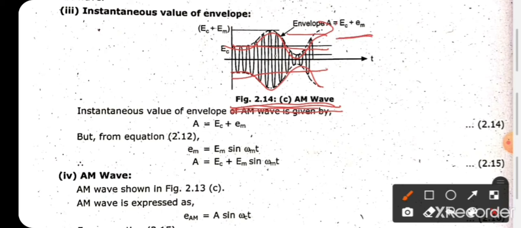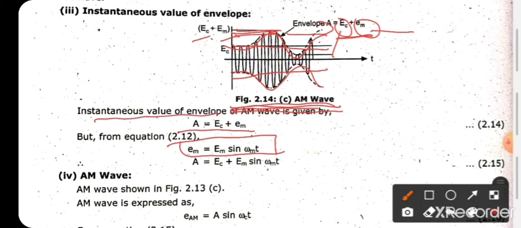Here Ec is the peak amplitude of the carrier signal, and em is the instantaneous amplitude of the modulating signal. We already know that em equals Em sine omega mt. So the instantaneous value of the envelope can be written as Ec plus Em sine omega mt.